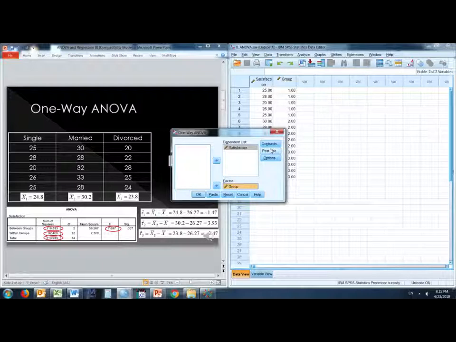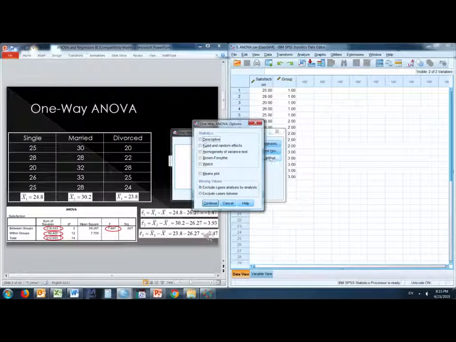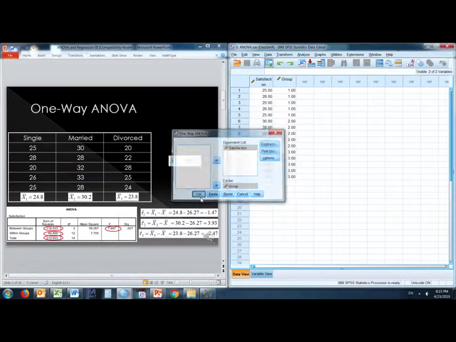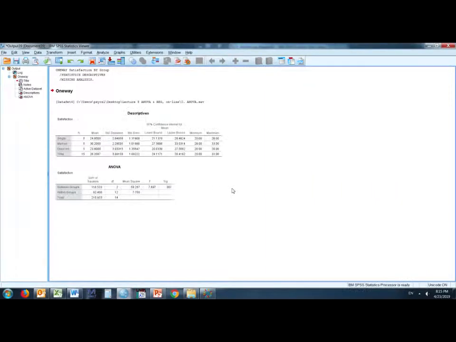We now click on OK. We can choose some descriptives such as group means. This gives us the one-way ANOVA test.